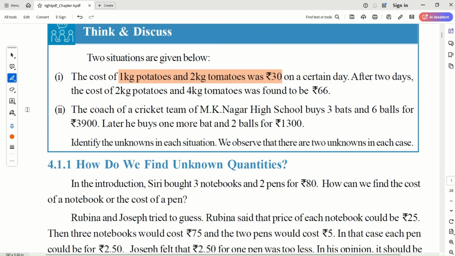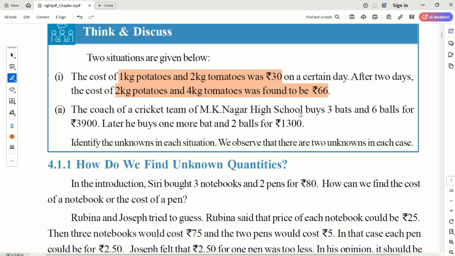After 2 days, the cost of 2 kgs of potato and 4 kgs of tomato is 66 rupees. Is the problem the same as the before one? Just think about it. Can we find out the potato cost and the tomato cost individually? These are the two unknowns here, right?